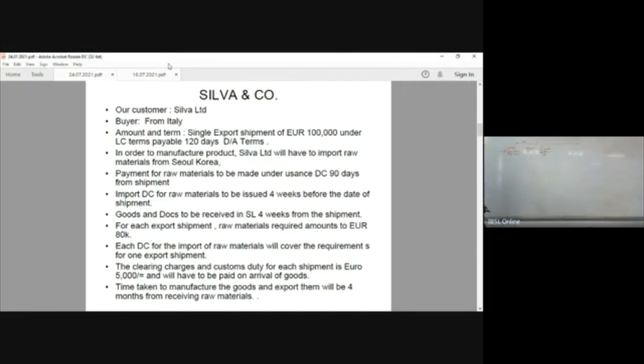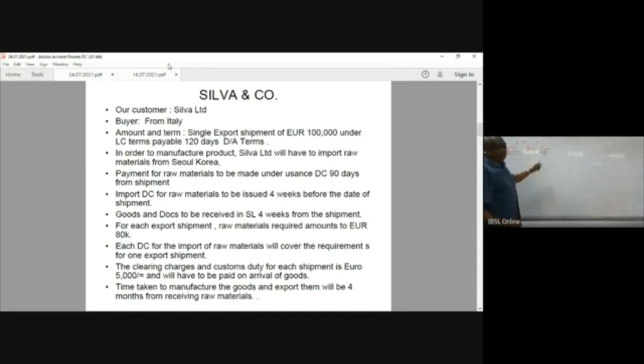Okay. When we receive the documents, we will accept the bill. We will accept the draft, the bill of exchange. And the bill of exchange is 90 days, but the payment will be 90 days from shipment.